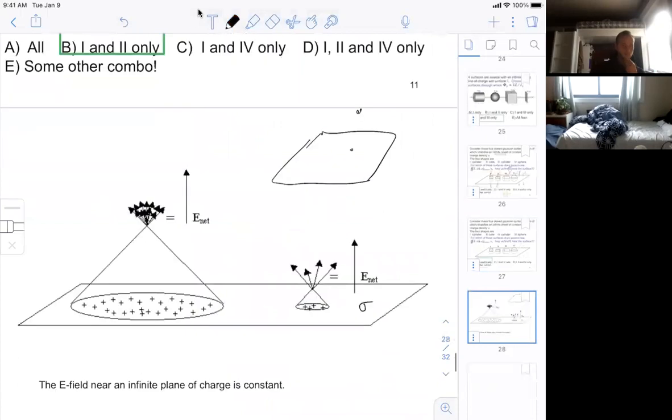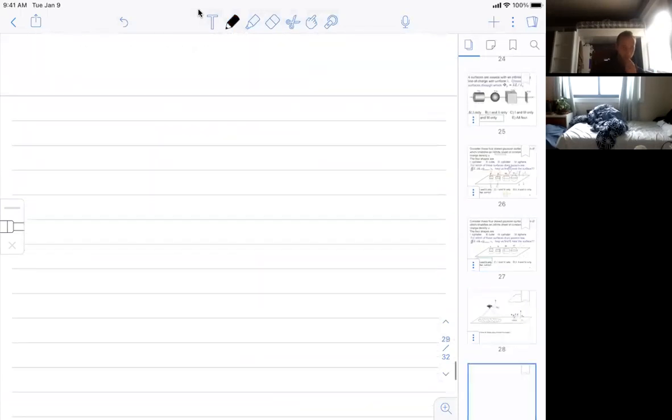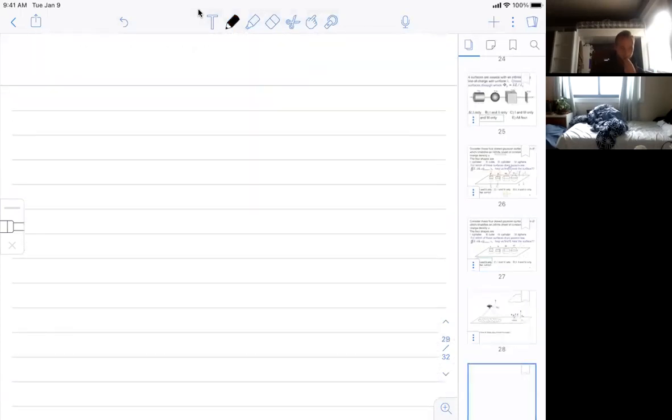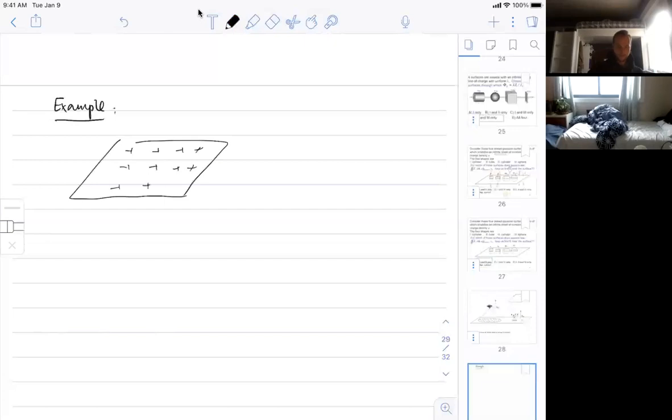You probably still remember this from a previous class, but let's just review it real quick. So here is our second example. We did the solid sphere. Now let's do an infinite sheet distribution, with charge density sigma.